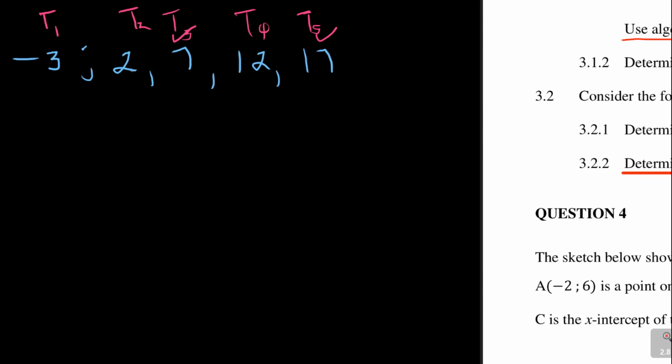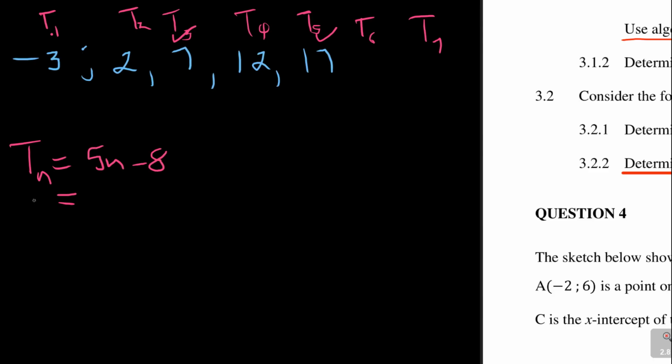In a way I can try to predict. From T2 to T3, you see 3 is a 7, 4, 5 is a 7. I can say T6 and then say T7. Remember, what is Tn? Tn is 5n minus 8.